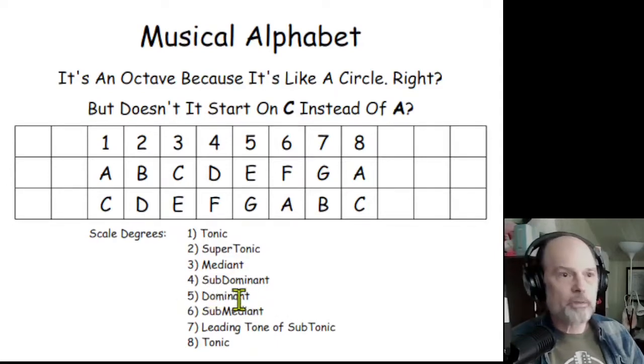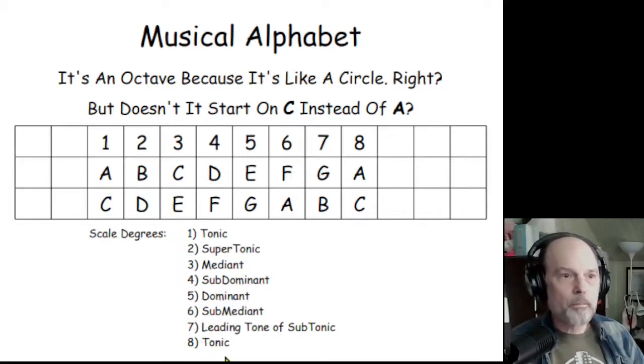Between the subdominant and the upper tonic is another middle note, and it's called the submediant. That leaves the note above the tonic, and that's called the supertonic.